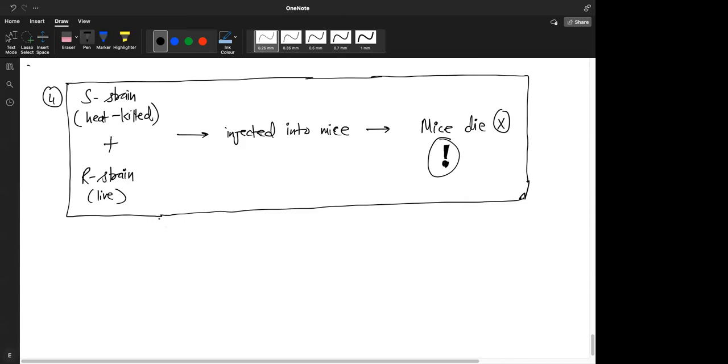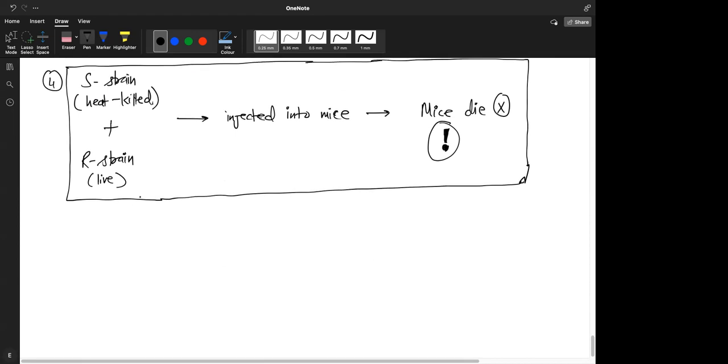Now, this is just a theory. How to prove it? What can I do to prove that indeed R strain got transformed into S strain? Can you think of anything? Logic, simple logic. I am making a claim as a scientist. I am saying, I believe when I made a cocktail of S strain and R strain, the S strain was dead.